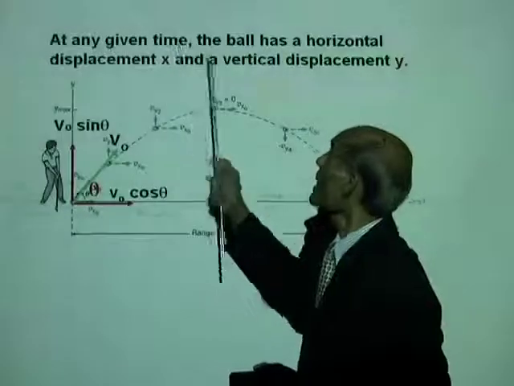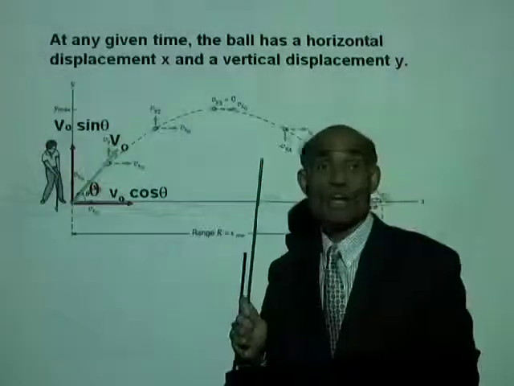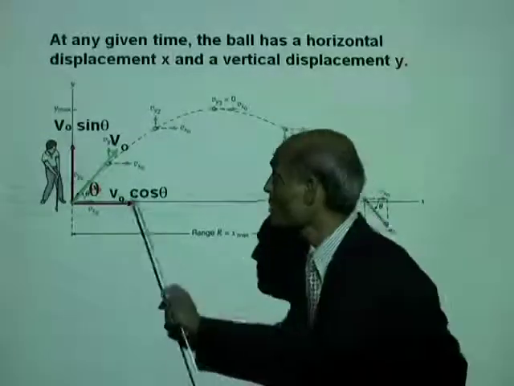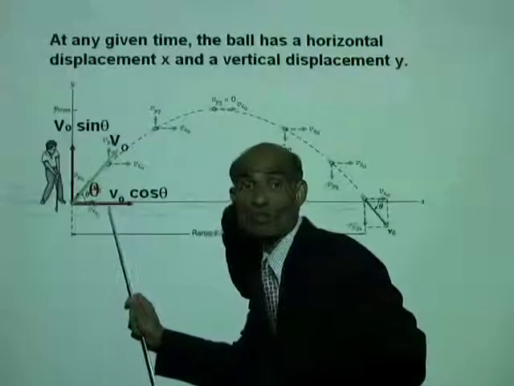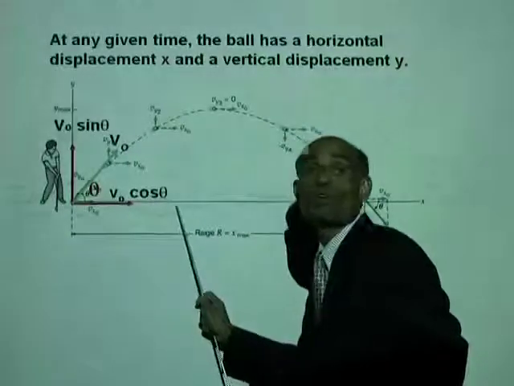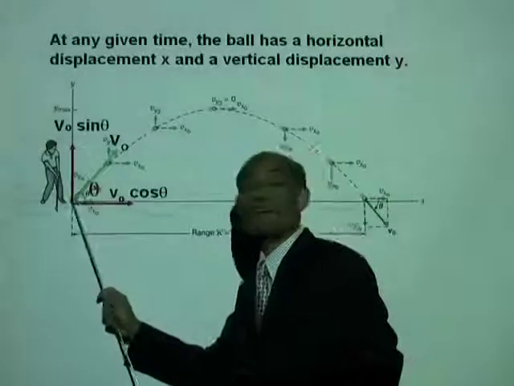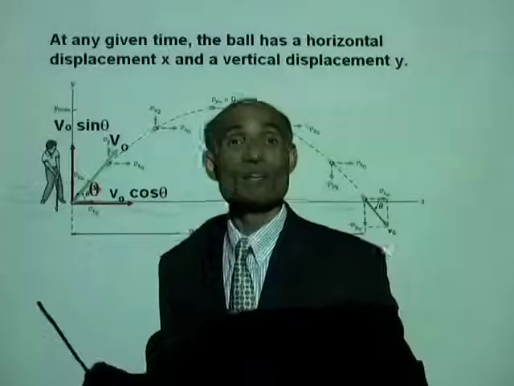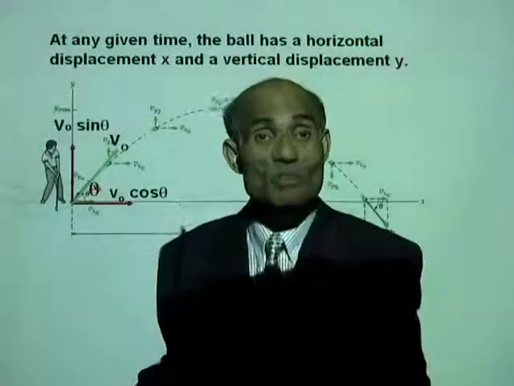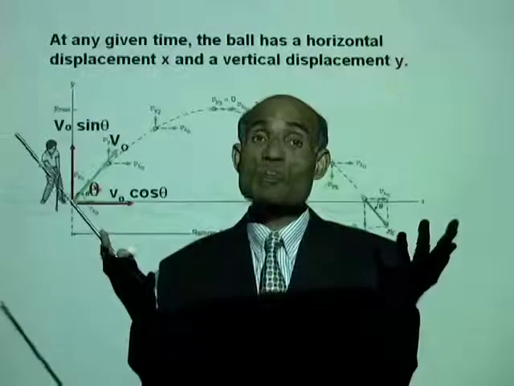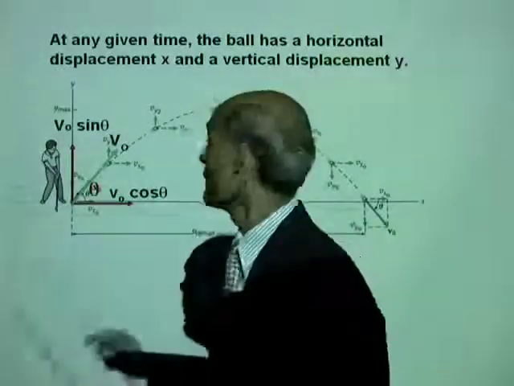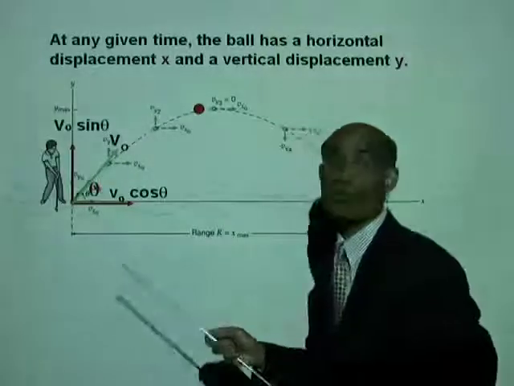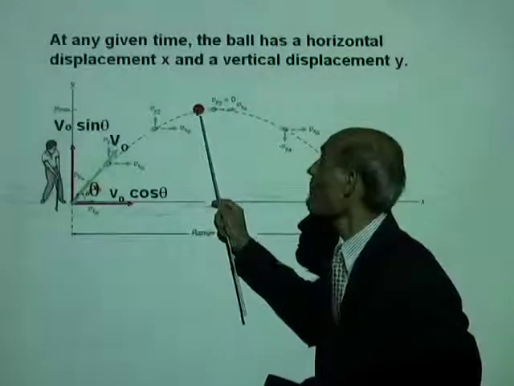At any given time, the ball has a horizontal displacement and a vertical displacement. Because it has a horizontal velocity, it will move horizontally, and because it has a vertical velocity, it will move vertically. That means the ball has a horizontal displacement and a vertical displacement simultaneously. If you now look at the ball, say here, what is the horizontal displacement of the ball now?